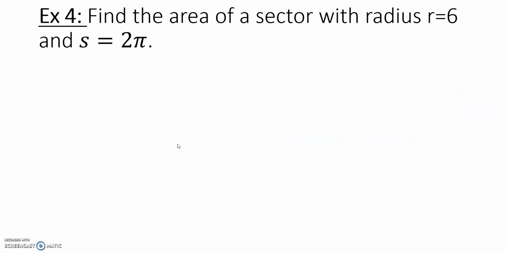So example 4 says we want to find the area of a sector with radius 6 and the arc length is 2 pi, alrighty? So recall that the area is 1/2 times r squared times theta. Now we don't have theta, we have the radius and we have the arc length, but remember the arc length is r times theta.